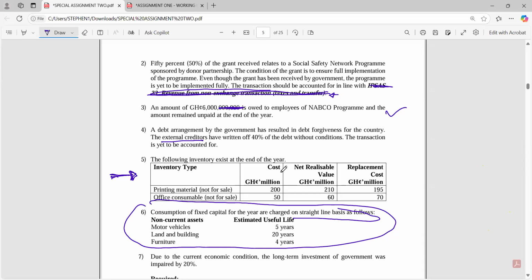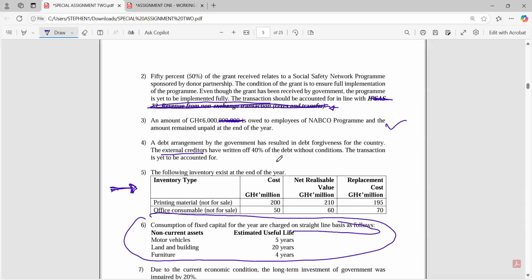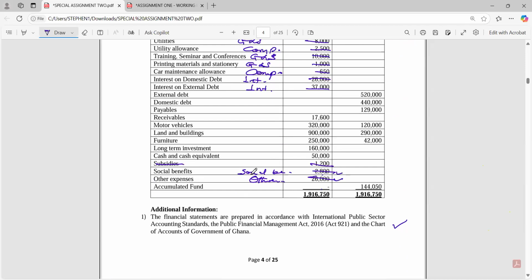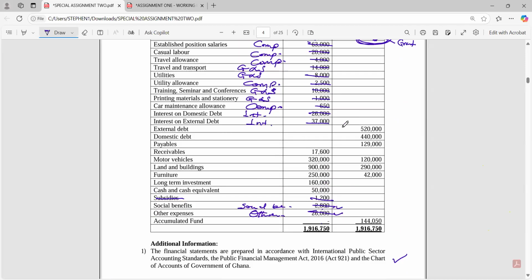Pay attention. Assuming it was internal creditors, that means it is domestic debt. External creditors means external debt. So go and look for the external debt amount and calculate 40% on it. That is the amount we are using for the debt forgiveness. So going for external debt, the debt will be at the debit side.